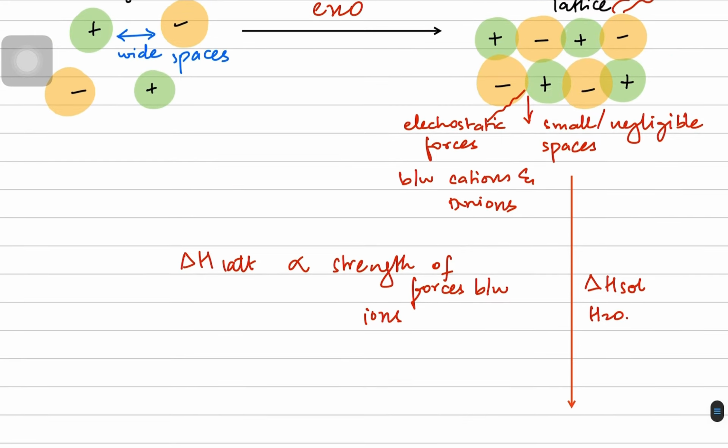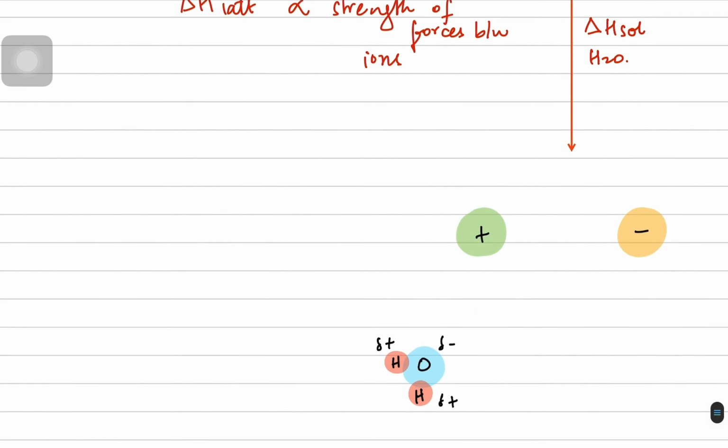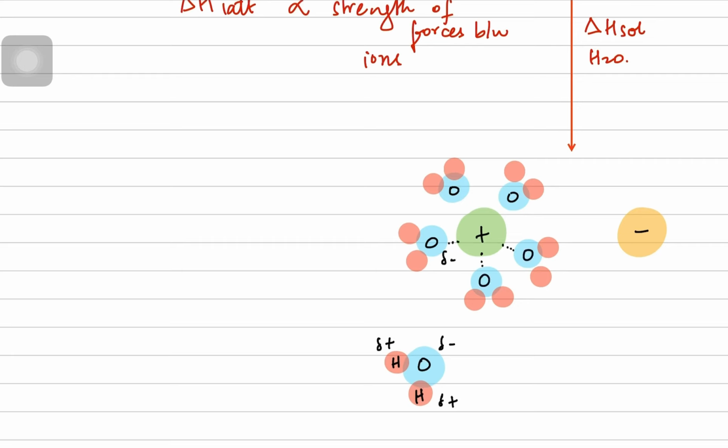So when the solid ionic lattice goes in water, the positive ion is attracted by the oxygen part of the water molecule, because the oxygen atom is slightly negative, it's called partially negative. So the partially negative oxygen atom attracts our cation, and these attractive forces result in release of energy.